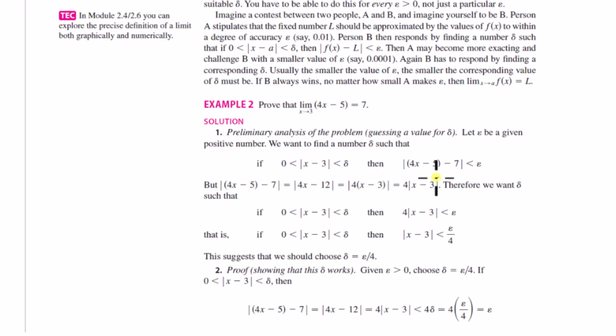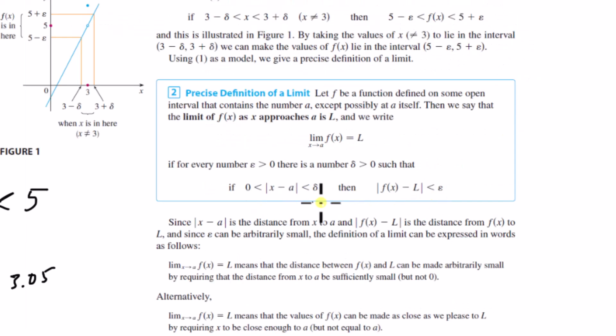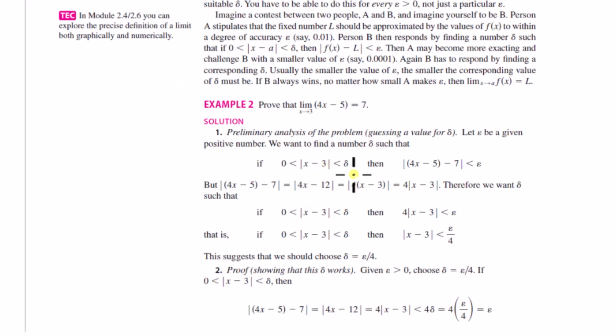Here, they've just written out the 2 inequalities of the precise definition for this specific limit. Here's a, here's f of x, here's L. We're trying to guess a value of delta, in terms of epsilon, that will make both of these true at the same time.